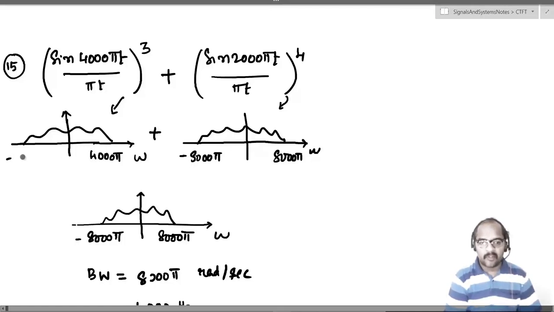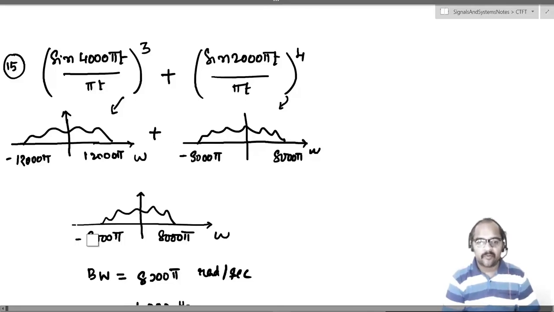We are not worried about the shape, but that shape exists from minus 12,000π to plus 12,000π. Similarly, for sin(2000πt)/(πt) whole power 4, you have to convolve in the Fourier domain a rectangular function with itself 4 times, and hence you get this shape. We don't know the shape, but the overall function exists from minus 8000π to plus 8000π.